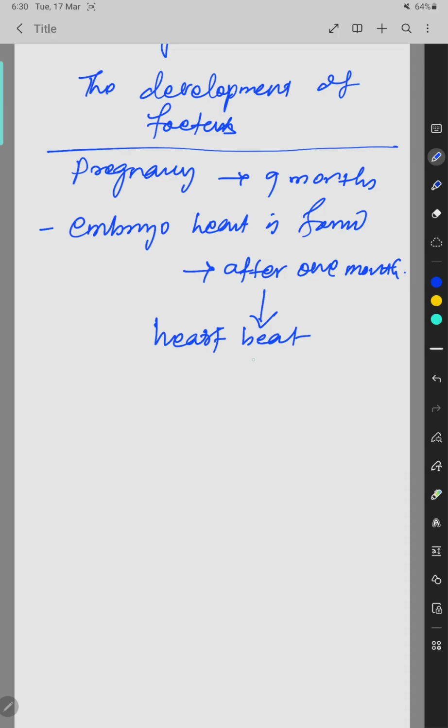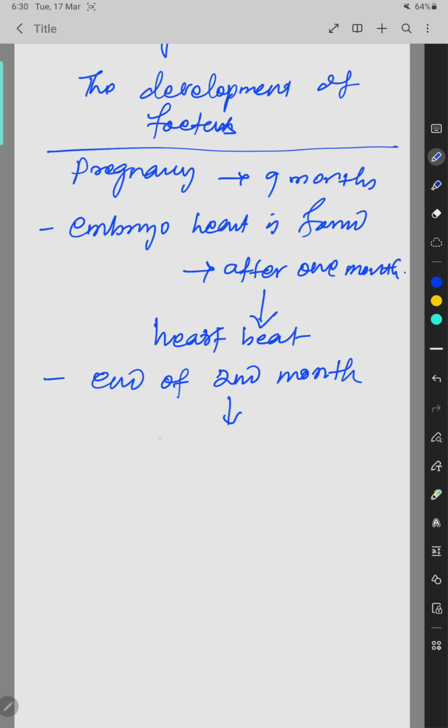Okay, and by the end of second month of pregnancy, what is developed?